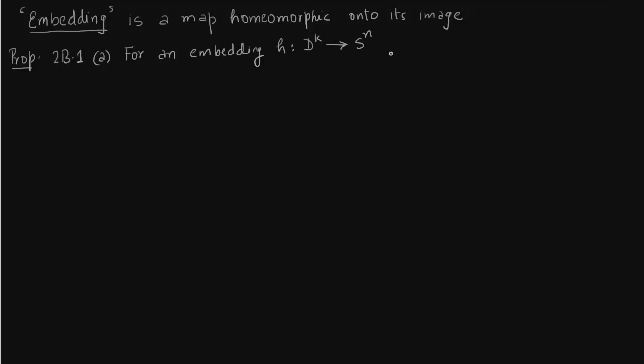So then the reduced homology of S^n minus the disk is 0.